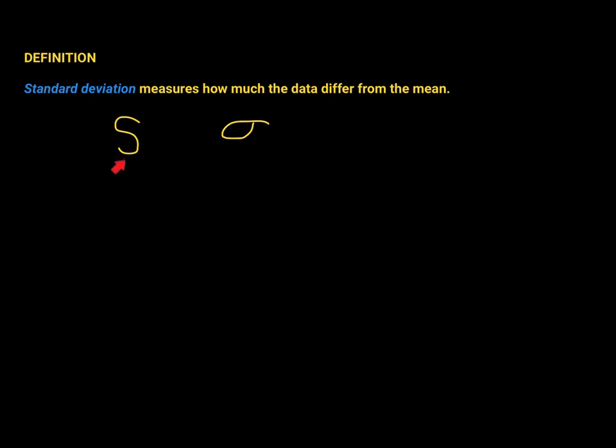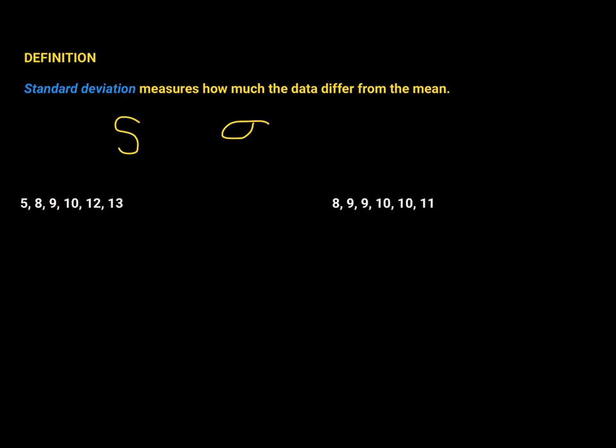S is used when standard deviation of a sample is calculated, and sigma is used when the standard deviation of the entire population is calculated. Since we are assuming that all data presented here are for samples, we're going to use S, the English lowercase s, to represent standard deviation.